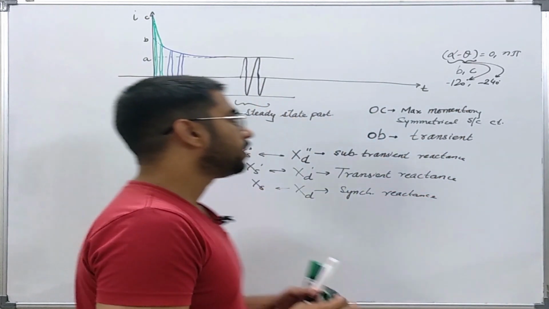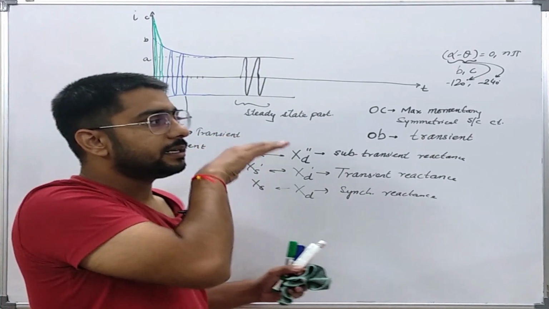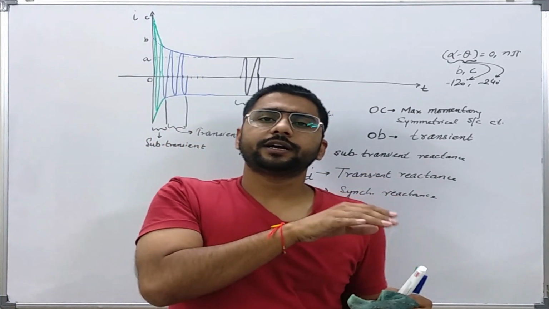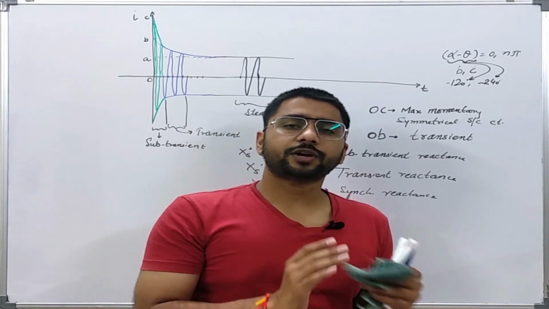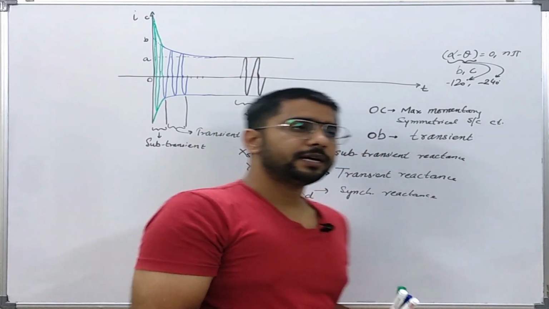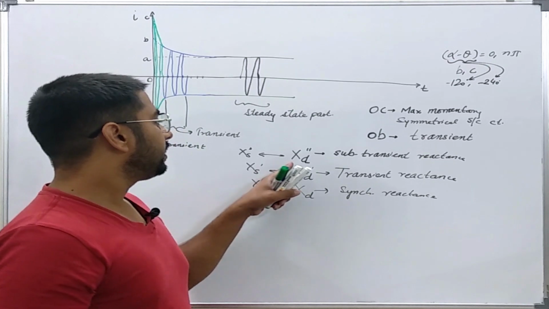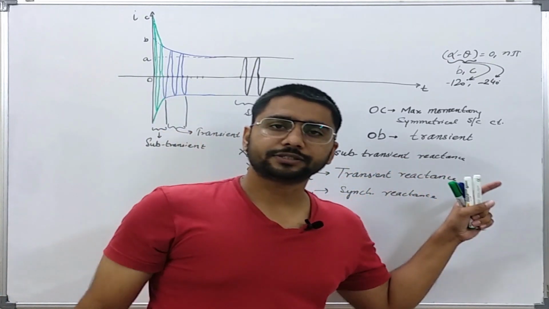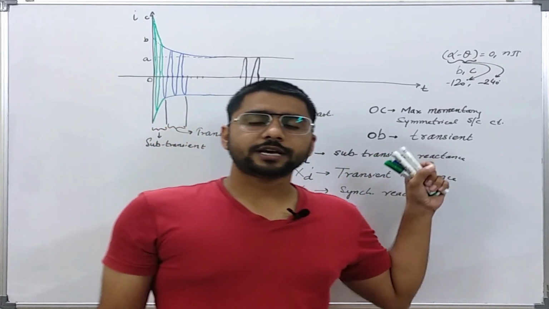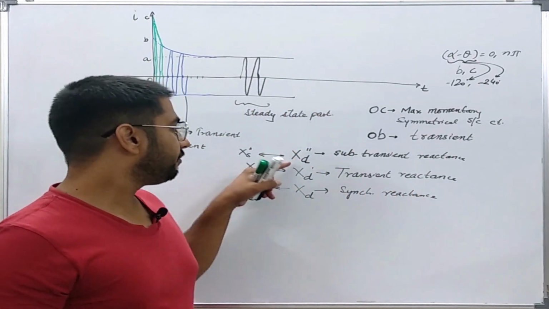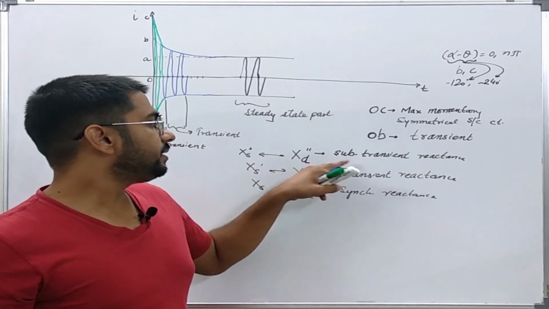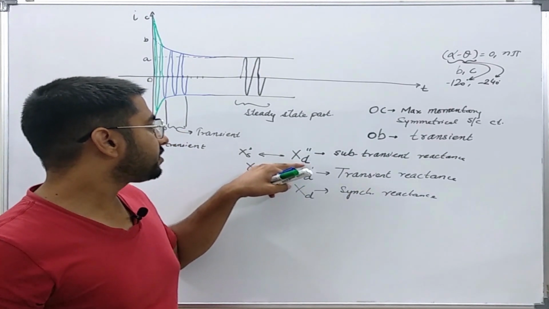So since the circuit of the synchronous generator on a short circuit is quite inductive, rather it is very close to being purely inductive, that's why we take the direct axis reactance for a salient pole machine also. So this is the reason why we show these reactances by XD.